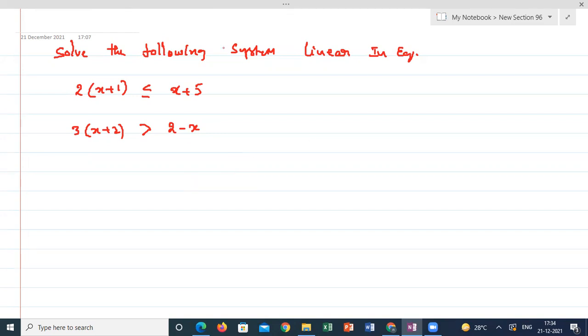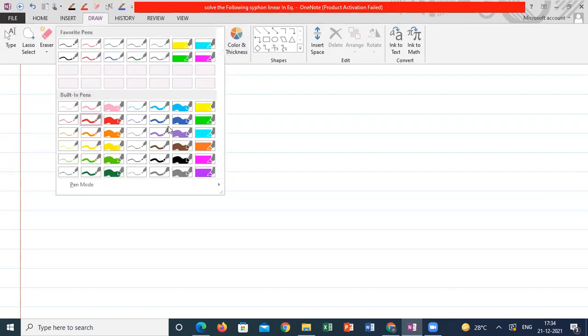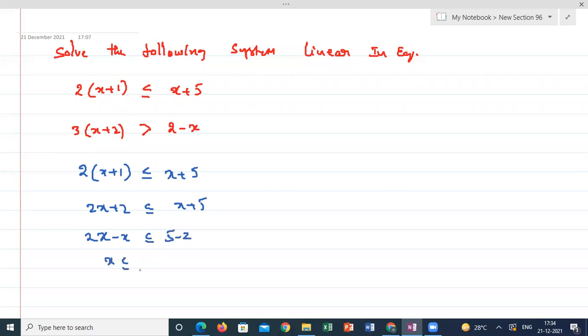So I'm solving the first one. Taking 2 of x plus 1 less than or equal to x plus 5, this is 2x plus 2 less than or equal to x plus 5. So this will be 2x minus x less than or equal to 5 minus 2. So x less than or equal to 3.